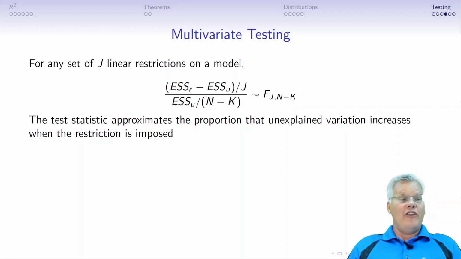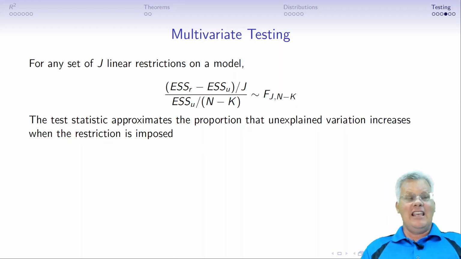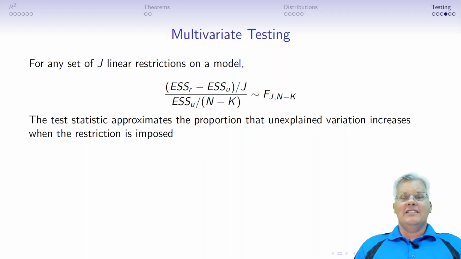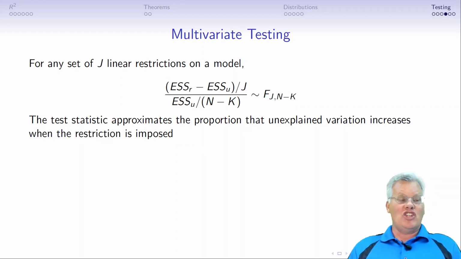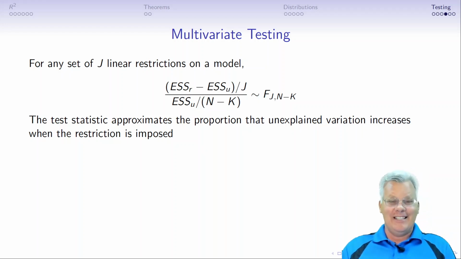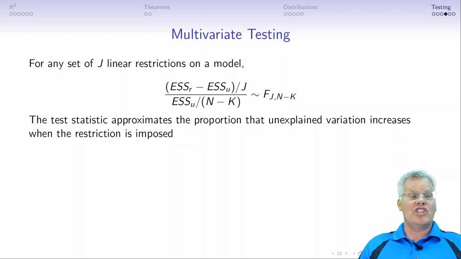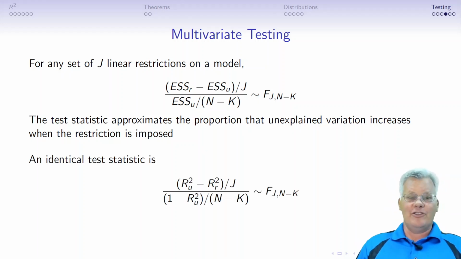If you ignore the degree of freedom corrections, what this test statistic is giving me roughly is the proportion that unexplained variation has increased when I impose this set of statistical restrictions.